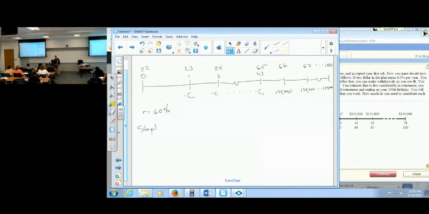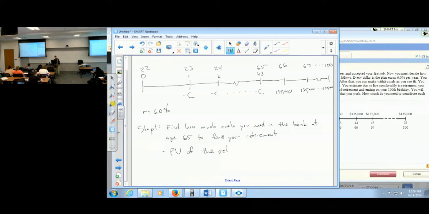So step one, find how much cash you need in the bank at age 65 to fund your retirement. Another way of stating that in finance terms is the present value of the retirement annuity.